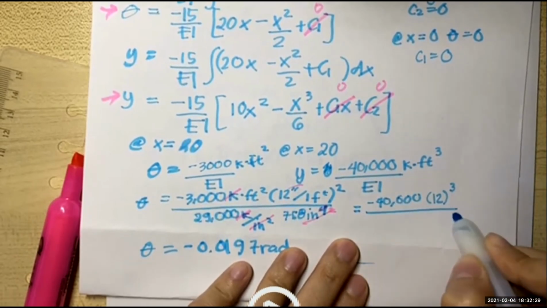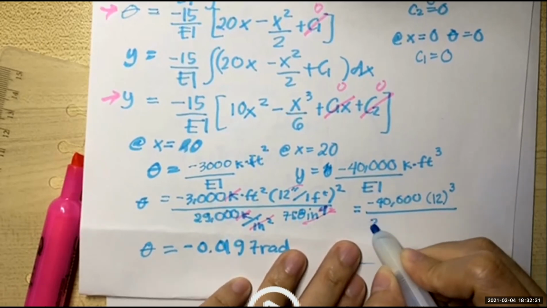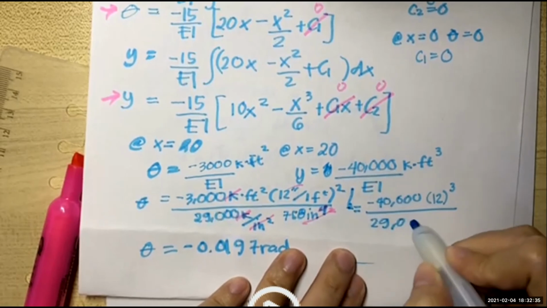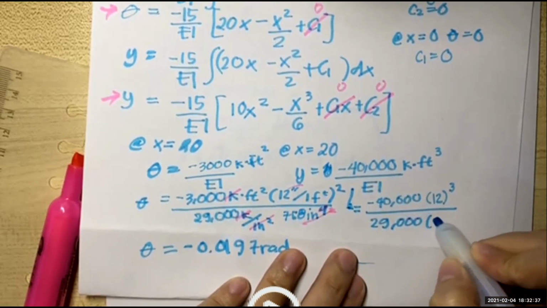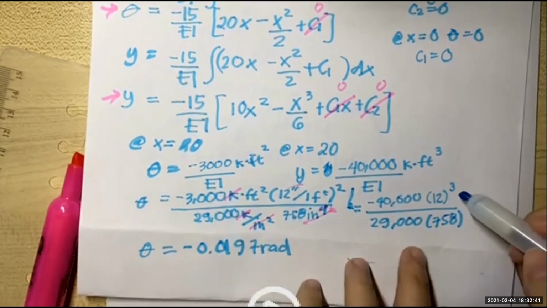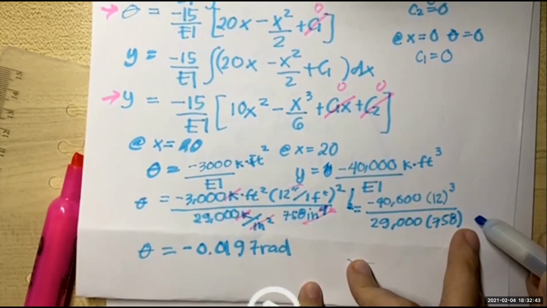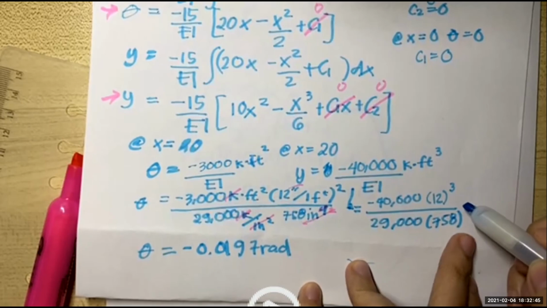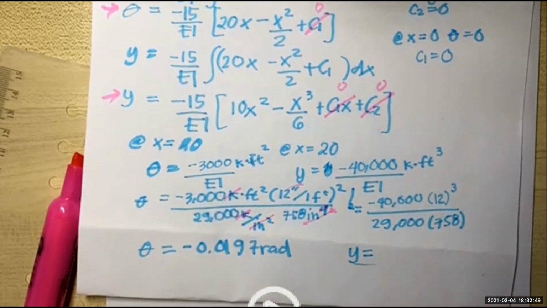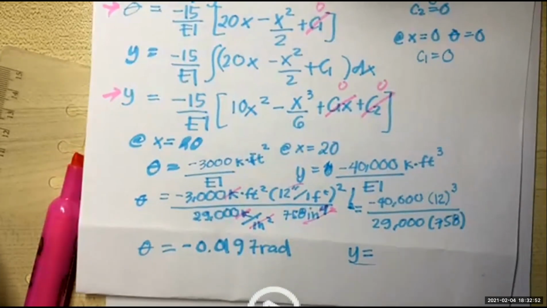All over, copy nyo lang yung EI, 29,000 times 758. Now, since cube to, yung sa baba magiging squared na lang, no? May matitira tayong inch. So ang unit ng deflection natin is naka-inch siya.